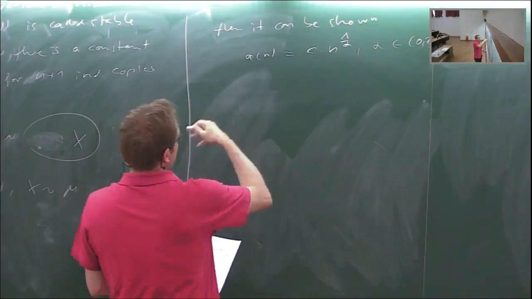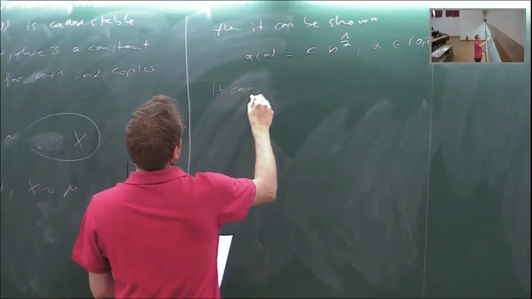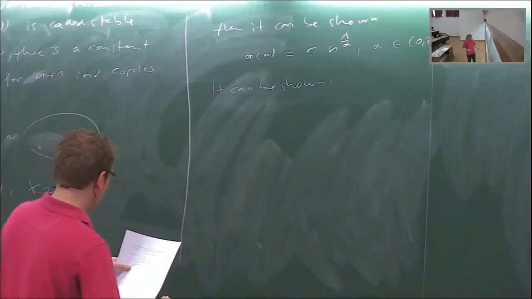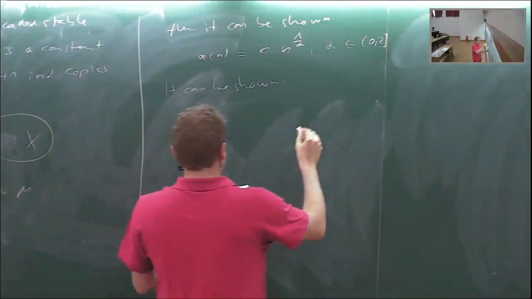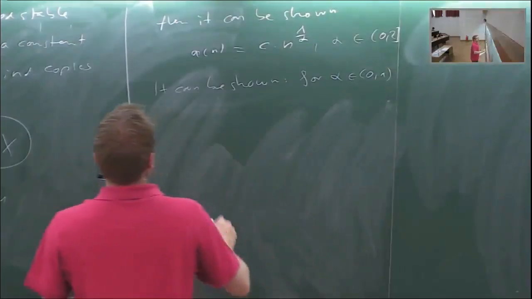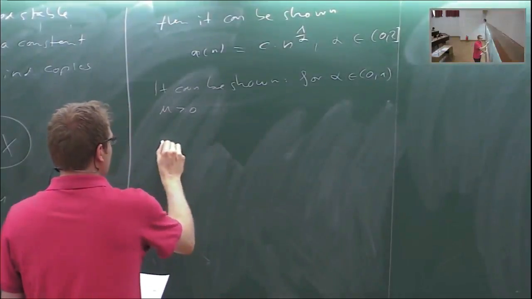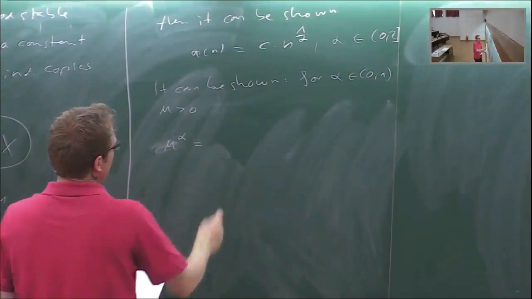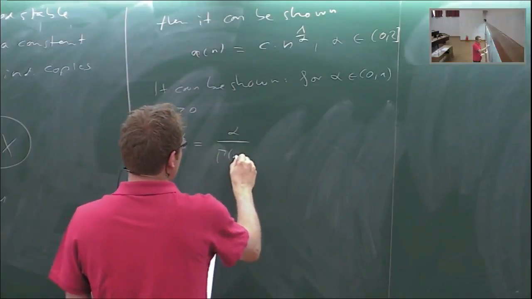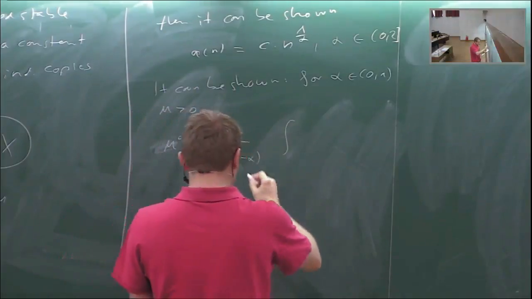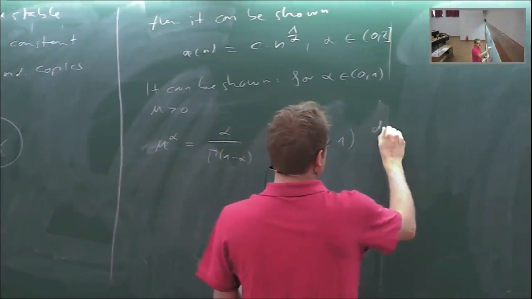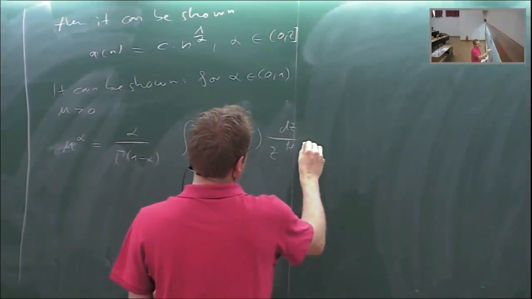It can be shown once again, it's an elementary but lengthy calculation, that for alpha between 0 and 1, and for u positive, there's a representation of u to the alpha in a very complicated way, but which resembles very much what we need: Gamma of 1 minus alpha times an integral of e to the i u z minus 1, dz over z to the 1 plus alpha.